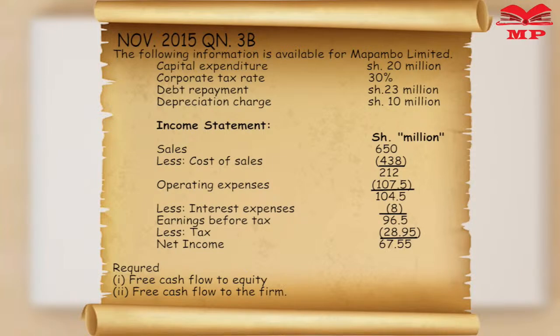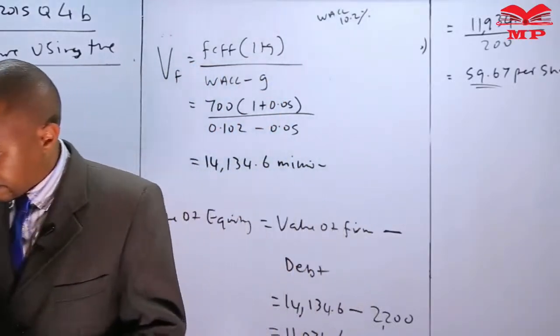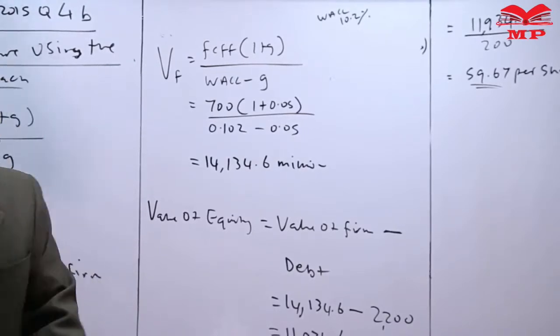Required: the free cash flow to equity, part 1. Part 2 is asking for the free cash flow to firm. So let's start off. If you allow me, I can use that side.